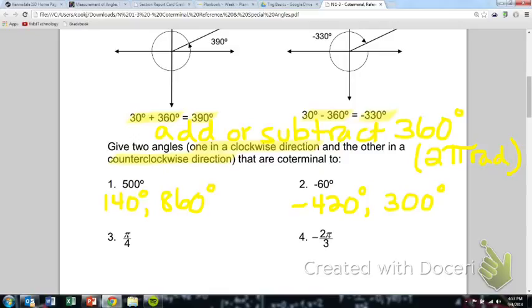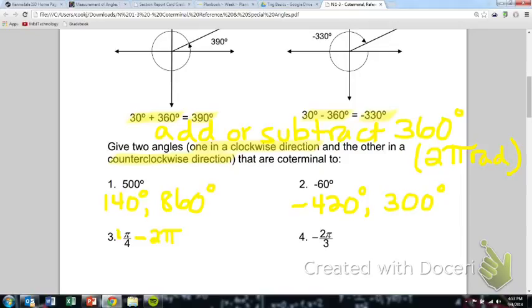Okay, now when you go to do your coterminal angles for your radians, if I subtract 2 pi from pi over 4, and I want to leave my answer in terms of pi, then what I'm going to do is I'm actually going to subtract 1/4 minus 2. You can use your calculator to do that. You can just type in 1 divided by 4 minus 2.